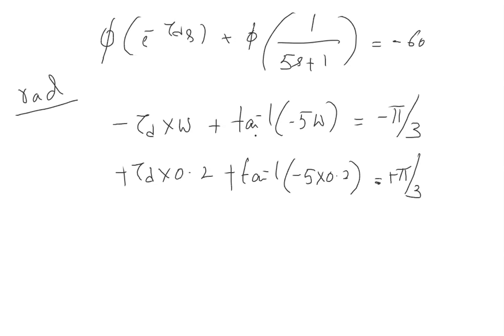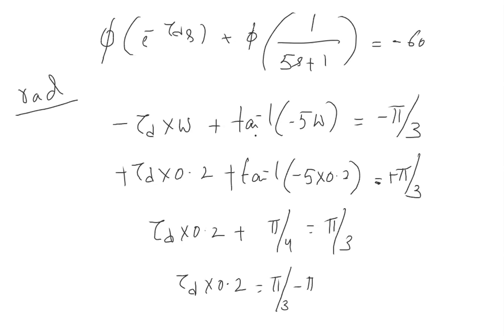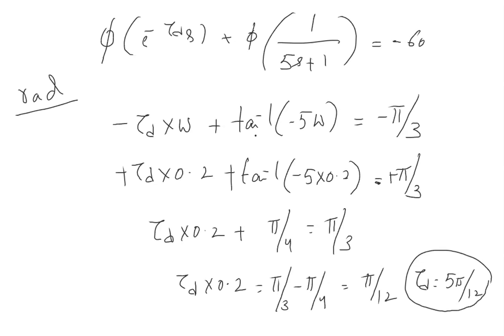What is tan inverse of 1? Pi by 4. Tau d into 0.2 plus pi by 4 is equal to pi by 3. So tau d into 0.2 is equal to pi by 3 minus pi by 4, which is pi by 12. So tau d is 5 pi by 12. This is if you want to solve this problem in radians.